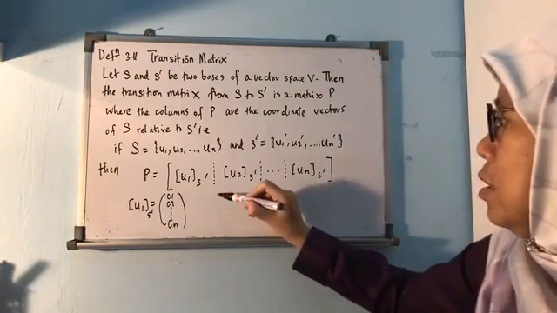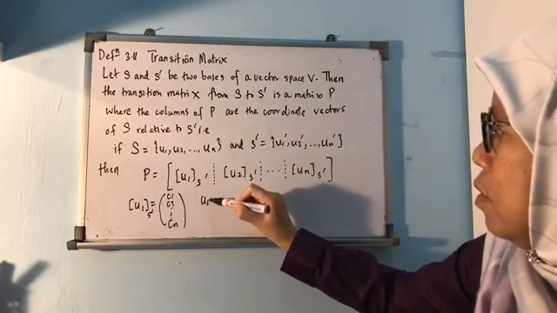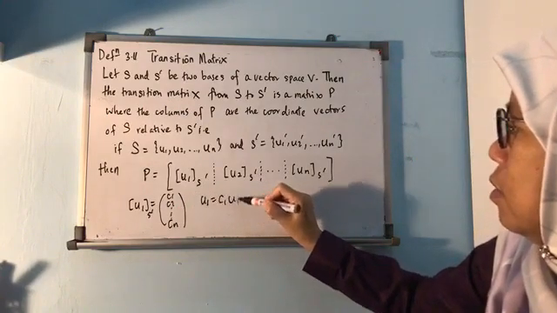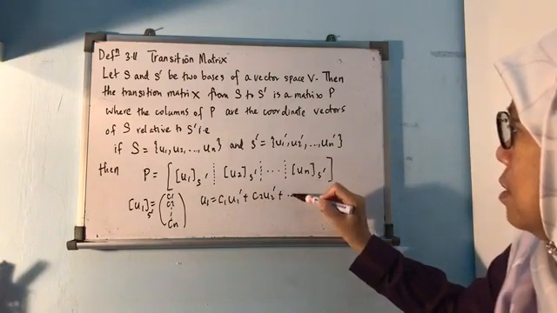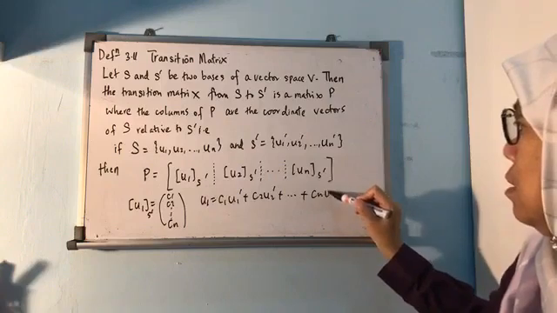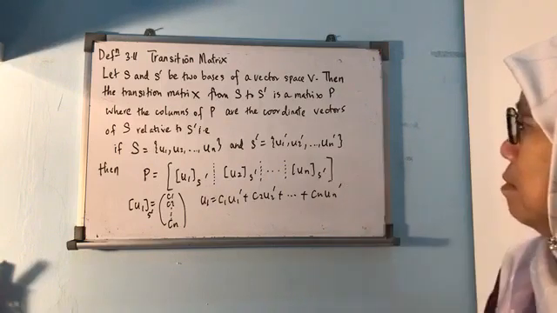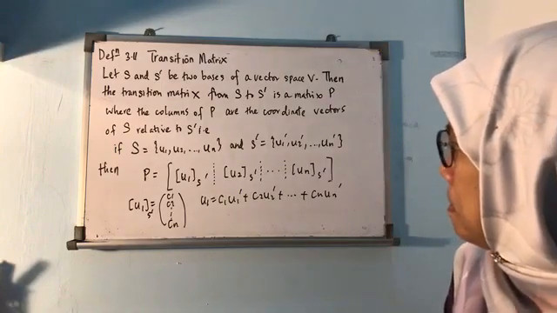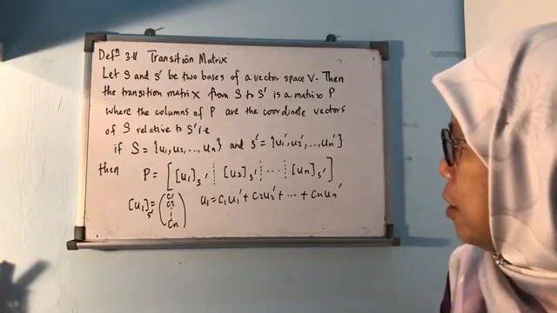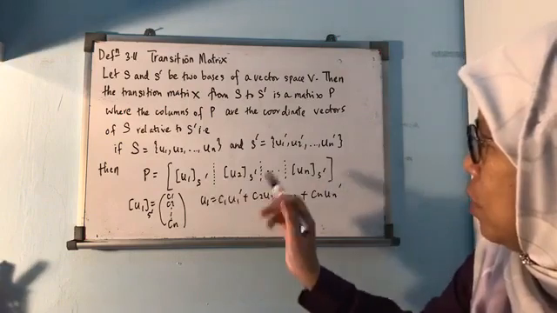What you have to do is write U1 is C1 U1 prime plus C2 U2 prime plus Cn Un prime. This is only for U1. For U2 you have to do the same thing.